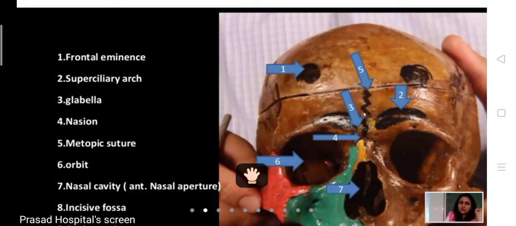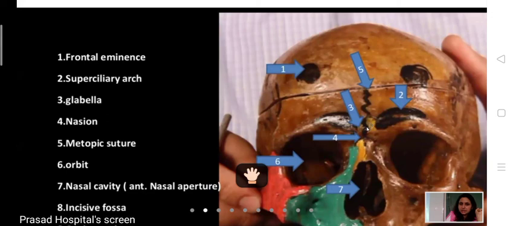Just above the nasion, in the midline, there is a slight rounded elevation. Here you can see the spelling. This one is the glabella, the centrally present small elevation.